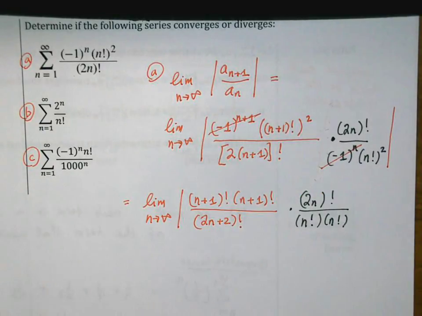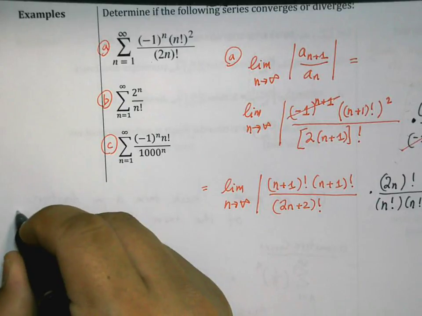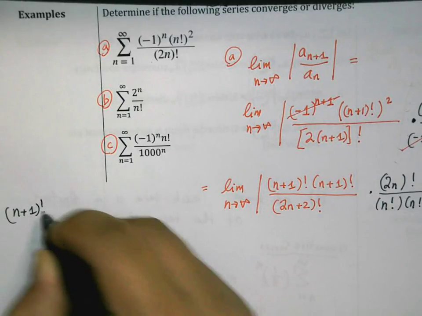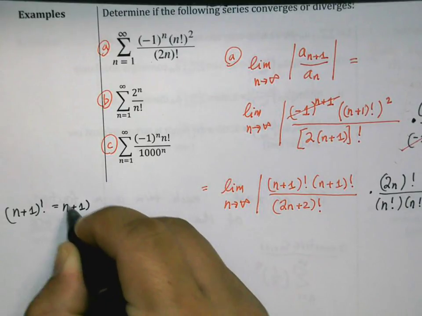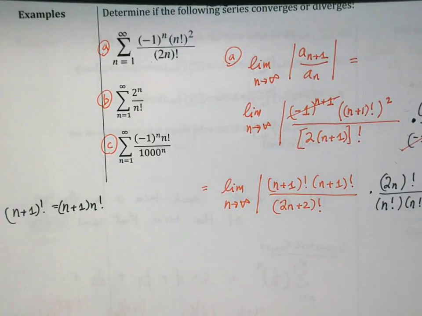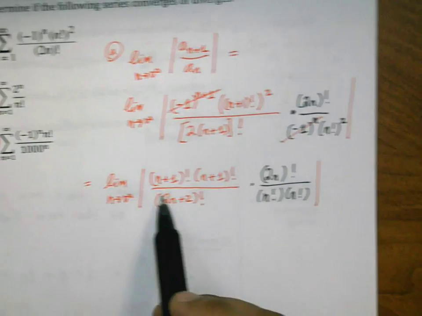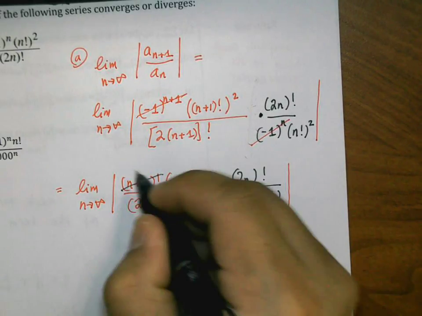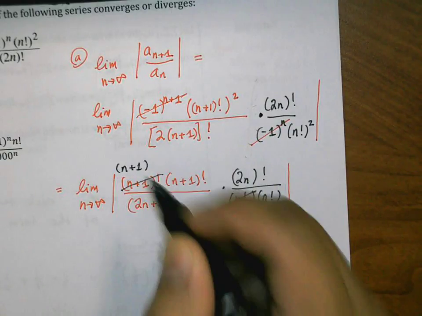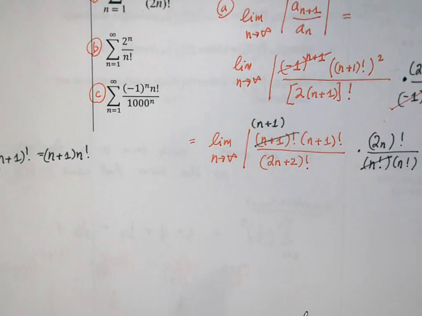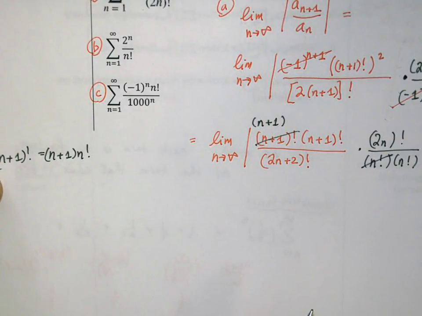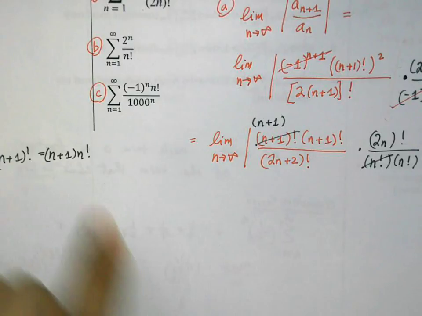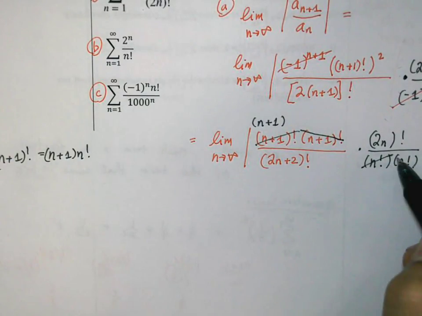Okay. Now some very nice cancellations will happen for us. Remember the rule for factorials. Just a reminder, n plus 1 factorial is nothing more than n plus 1 times n factorial. So that means that these terms cancel with this one, and you're left with an n plus 1 up here. Since n plus 1 factorial is just n plus 1 times n factorial, the same goes for this one and this one.